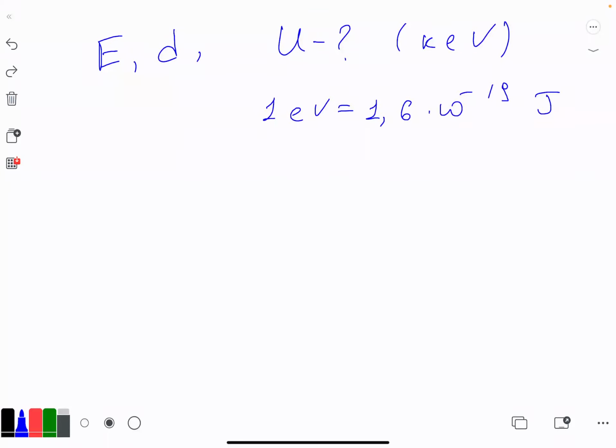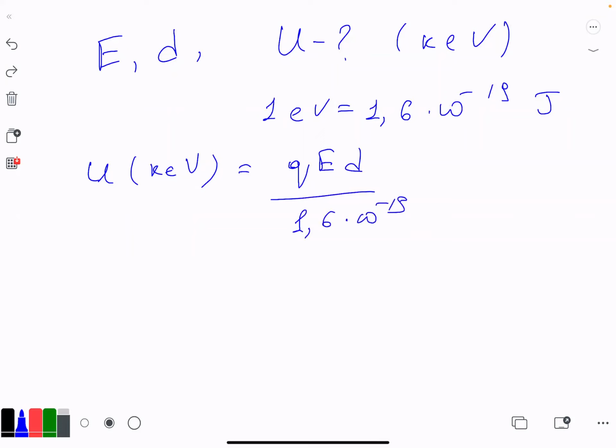So if you want to find U in kilo electron volts, then in general the formula will be Q E D, right? Now, since you want to find it in kilo electron volts, you have to divide it by 1.6 times 10 to the power of minus 19 and times 10 to the power of 3, right? Because it should be in kilo.